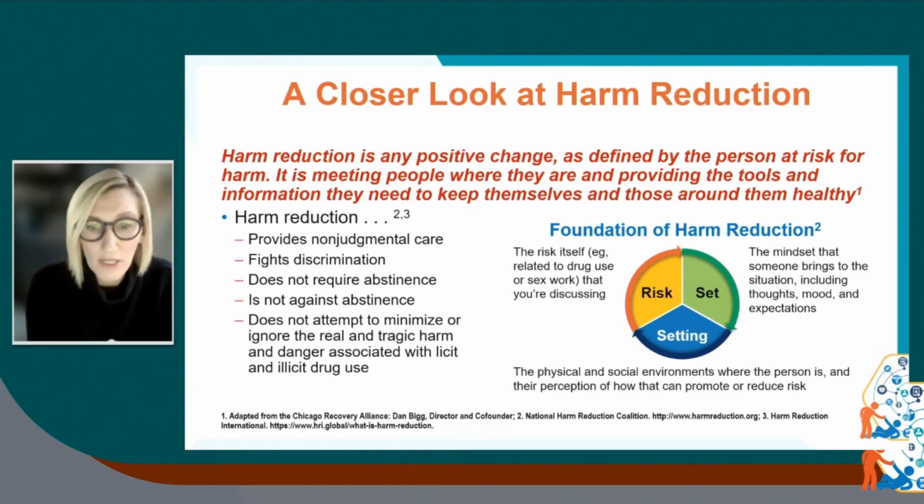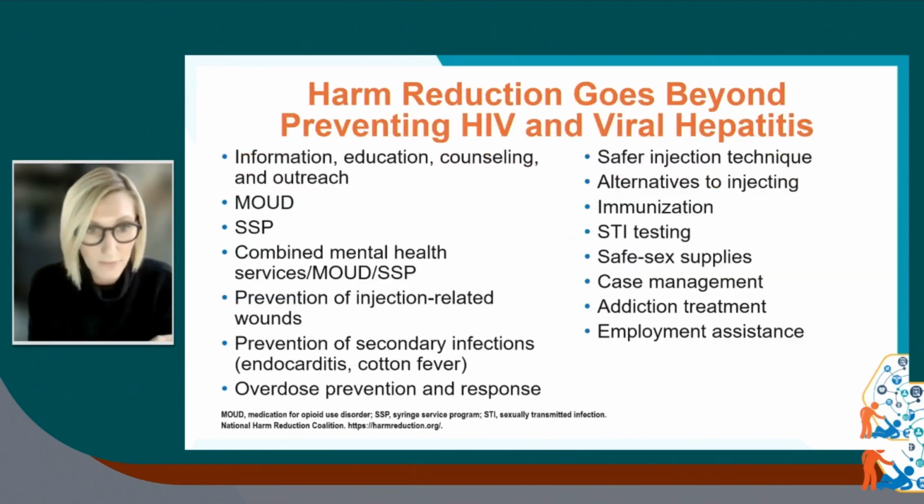The foundation of harm reduction identifies and acknowledges the risk itself that you're discussing, whether that be drug use or sex work. It brings the mindset to the situation, including somebody's thoughts, moods, and expectations, of both parties engaged in that conversation. And it also acknowledges the physical and social environments of where the person is and their perception of how that can either promote or reduce risk.